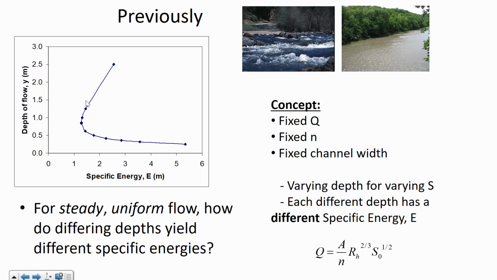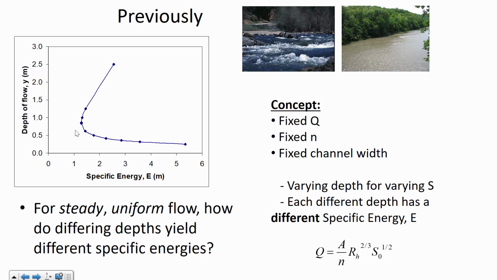The reason is that if the observed flow depth is deeper than critical, that means you have a relatively slow-moving velocity, and it's those slow-moving velocities that cause subcritical flow. And supercritical flow is when you have a very fast-moving velocity, which corresponds to a depth that's less than the critical depth.